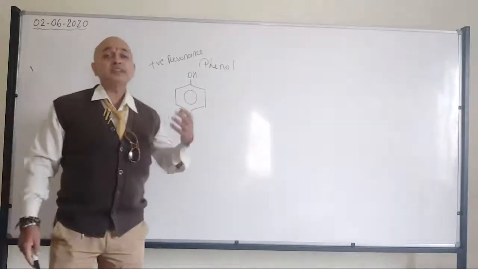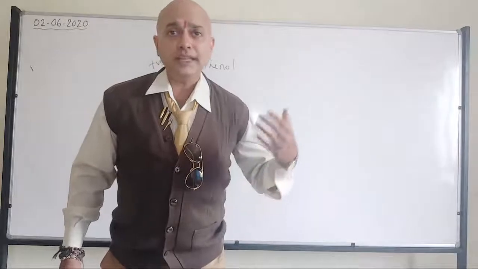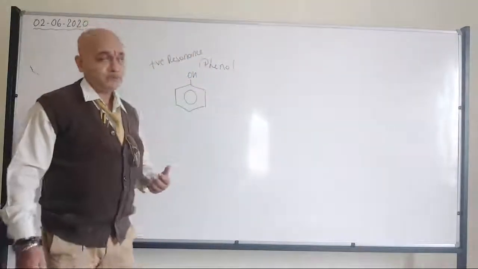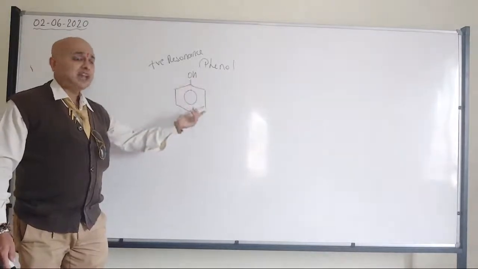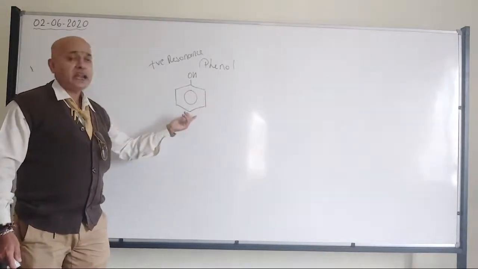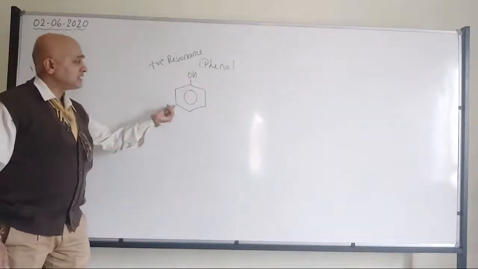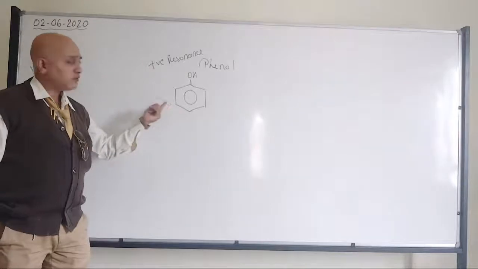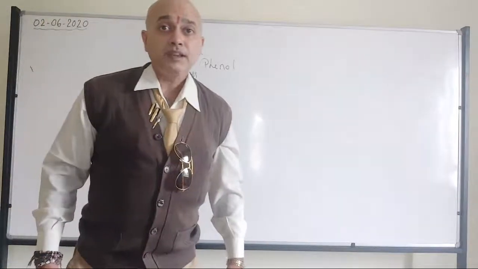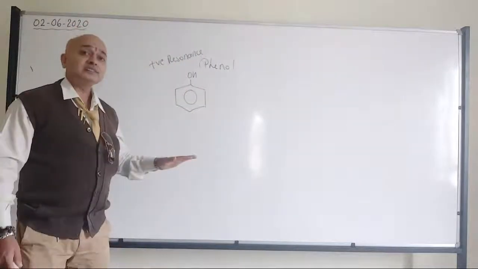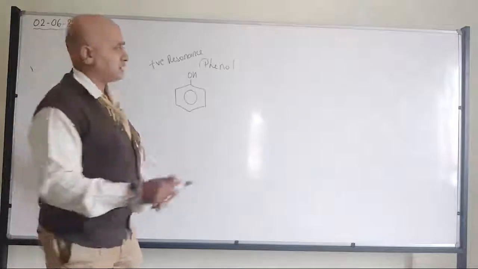It will lead to more electron density around the ring, especially at ortho and para positions. So whenever electrophiles are there, phenols will act as ortho and para directing molecules. But when it comes to nucleophiles, it will act as meta directing, because only at the meta position electron densities are not there, right? But still, preference wise, it will easily go for electrophilic substitution reaction.